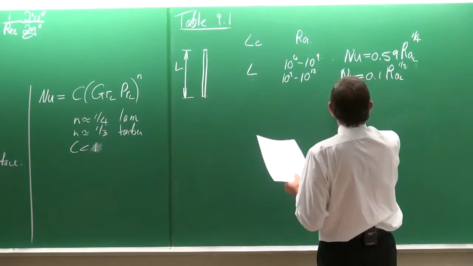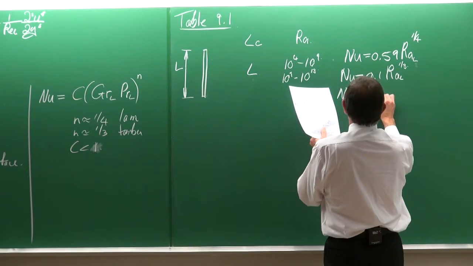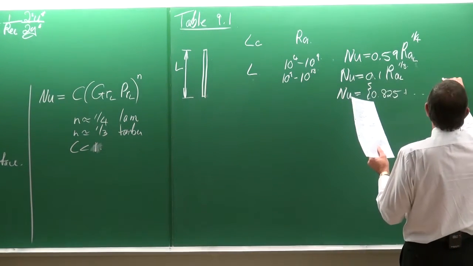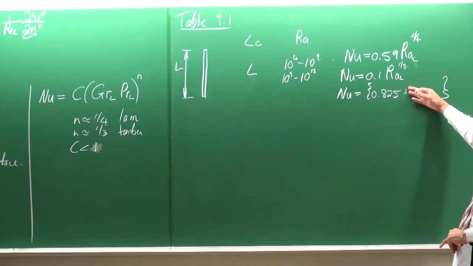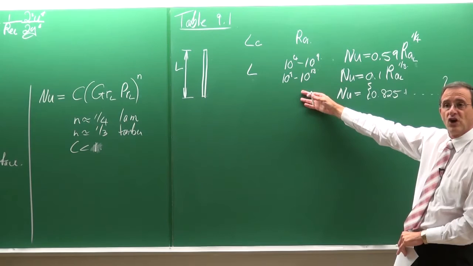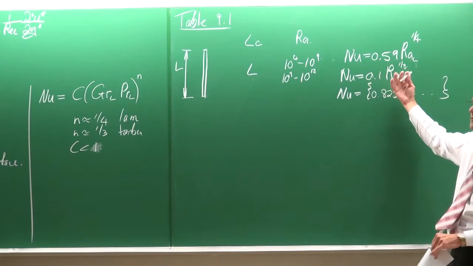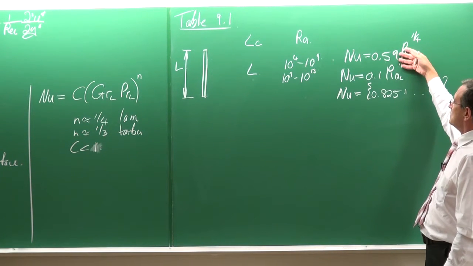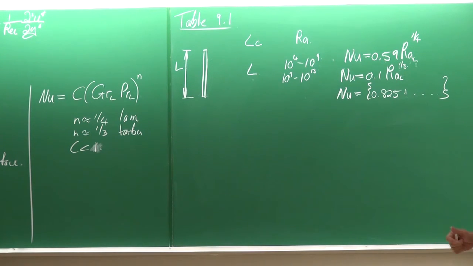And then there's a third equation, which is a longer equation, and it starts with 0.825 plus lots of other terms. And in the fine print, it tells you this equation can be used for all ranges, and it is more accurate than those two equations. So, if you just want to make an estimate, I would in most cases use one of those two equations, because it is simpler and easier to use in making a calculation.